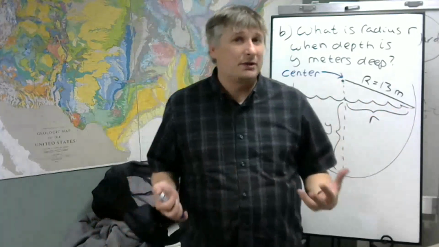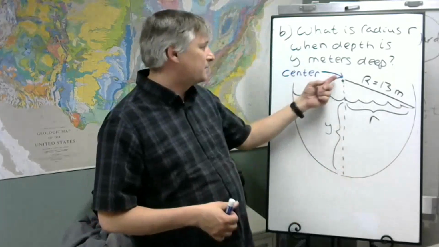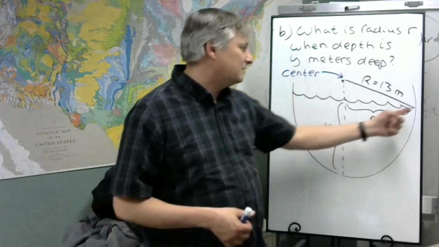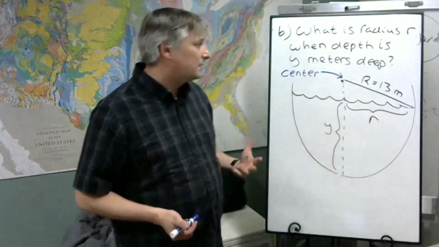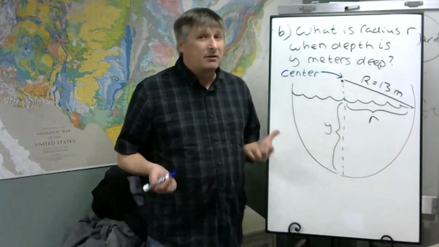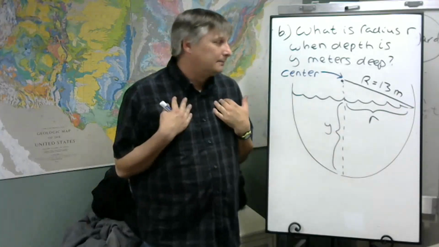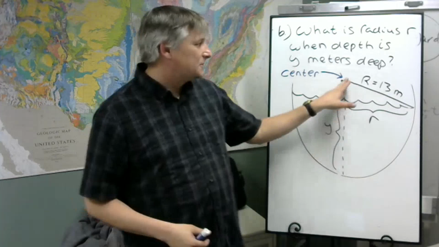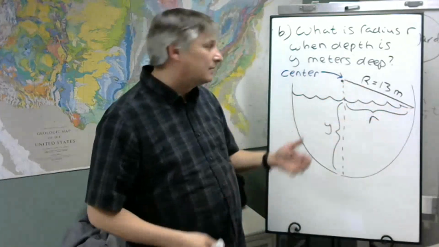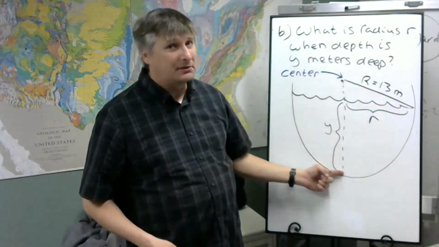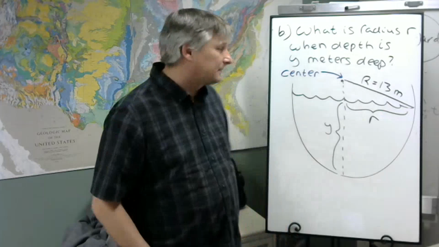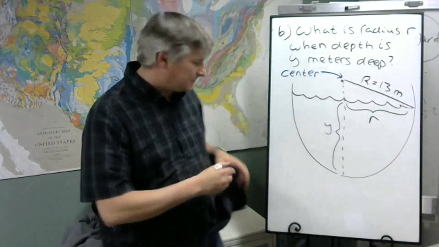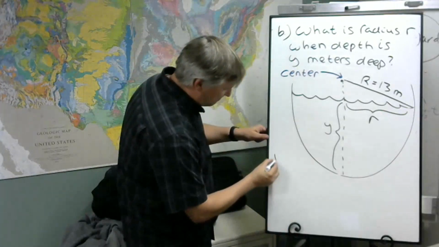Because this thing has a radius of 13 meters, the distance from the center to any of the sides is going to be 13 meters, despite artistic license on my part. Sorry. It's supposed to do something that's more like this.